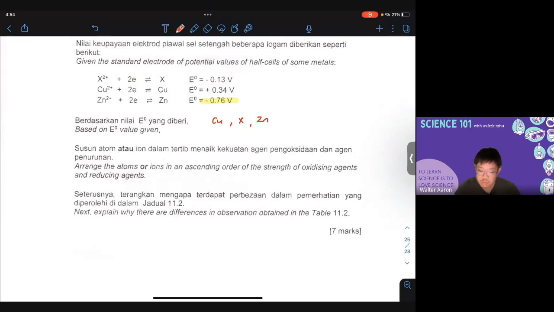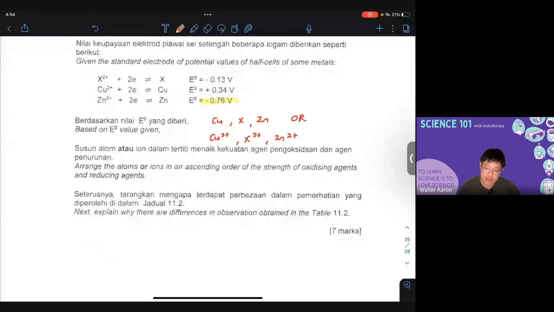So this is the strongest reducing agent, and this is the weakest. You can also put the ions if you want to, but I'm going to put the metals. That's easier for you to understand. If you want to put the ions, it'll be Cu2+, X2+, technically I think X is 2+, and then over here Zn2+ also. So either one of it, I will say or.